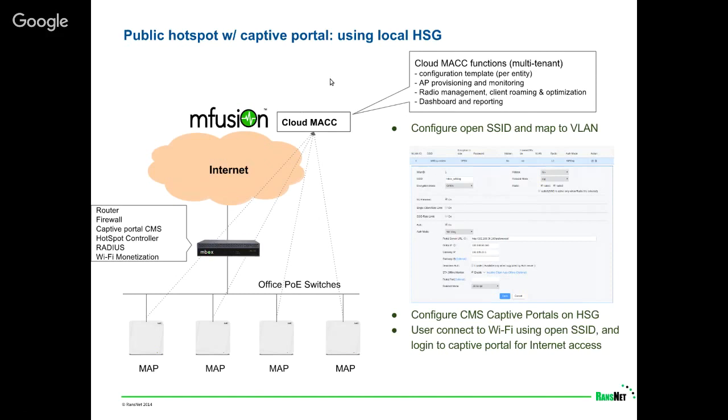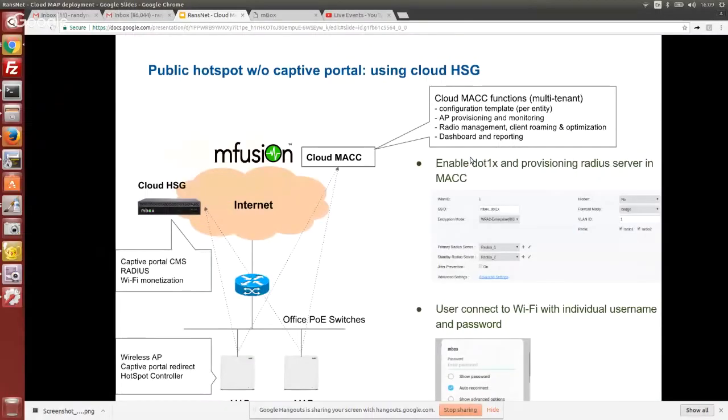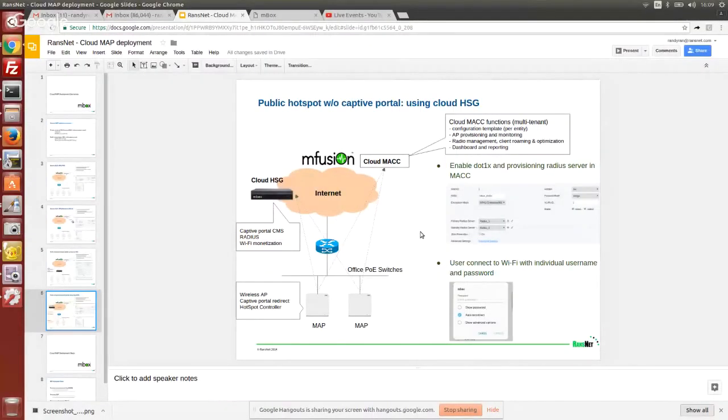But since we're talking about cloud MAP in this topic, the MAP will be managed by the cloud MACC here, and everything else is done by the local HSG. In this case, the Wi-Fi will be an open Wi-Fi, and you will basically have the HSGs to do everything else.